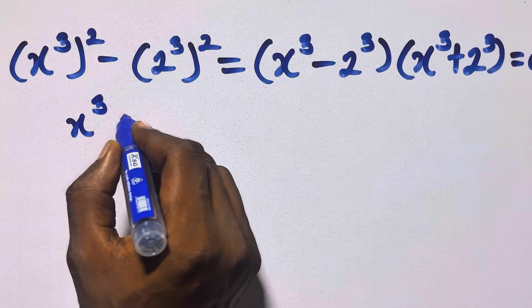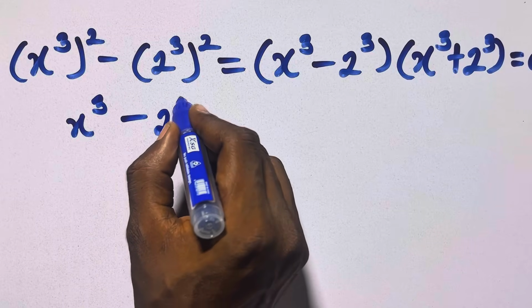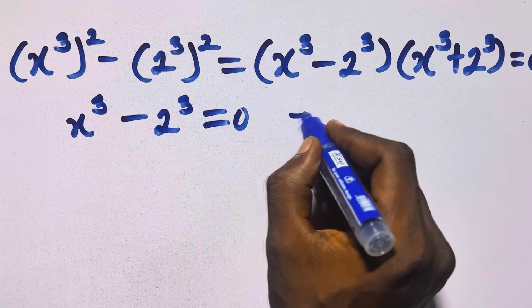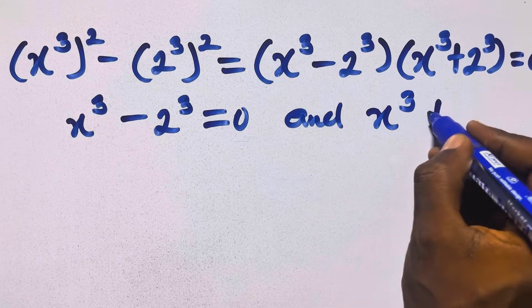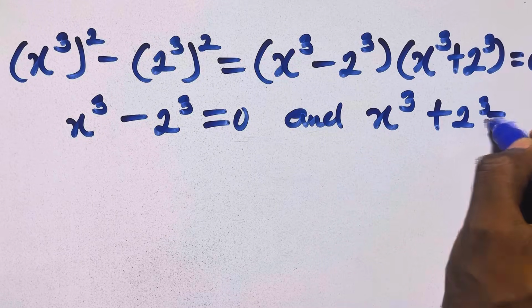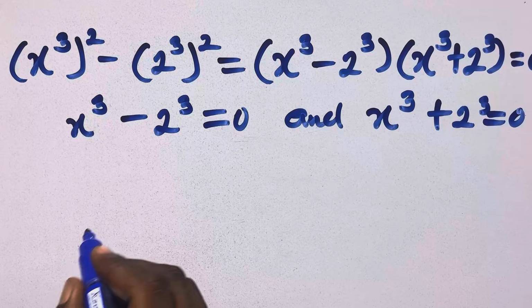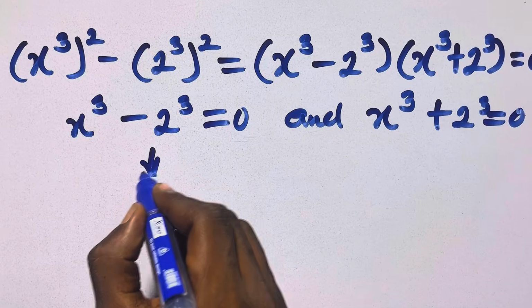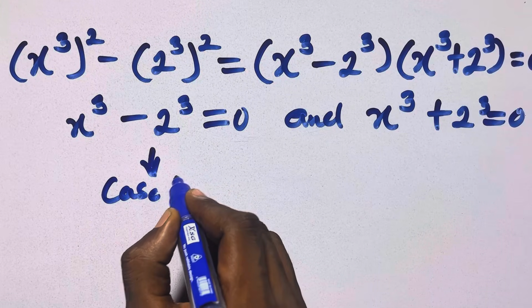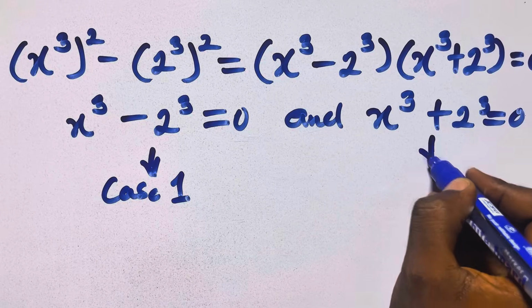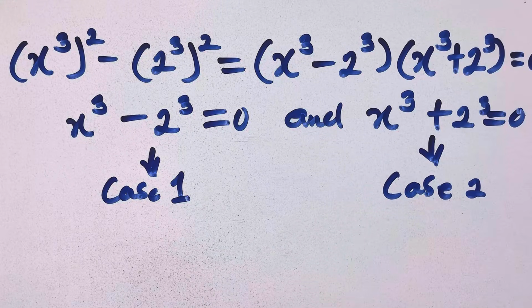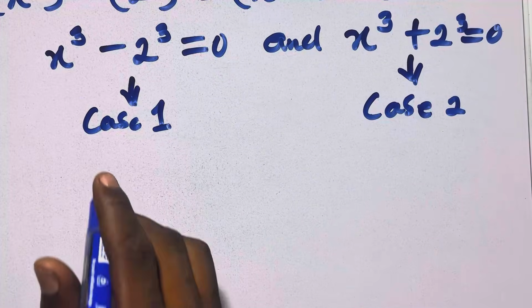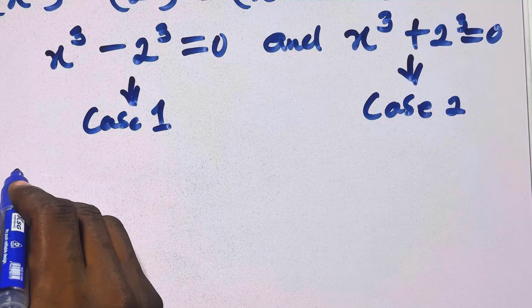So we have x raised to the power 3 minus 2 raised to the power 3 equals 0, and for the other one, x raised to the power 3 plus 2 raised to the power 3 equals 0. So this is our case 1, and this is our case 2. Alright? So let's move further.